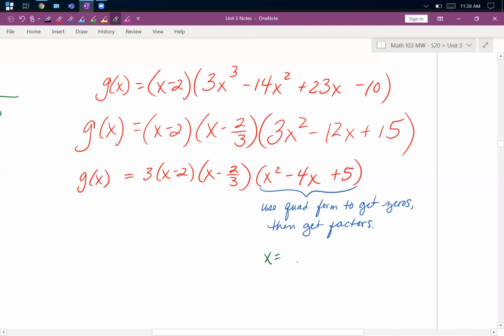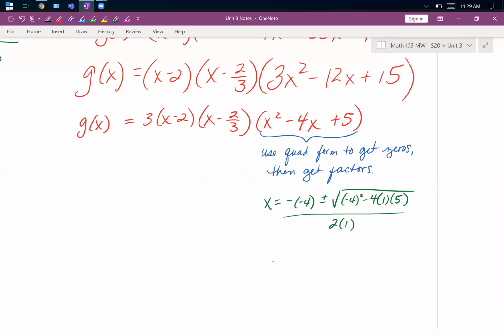x equals negative negative 4 plus or minus the square root of negative 4 squared minus 4 times 1 times 5, all over 2 times 1. So x is going to be 4 plus or minus the square root of 16 minus 20, all over 2.